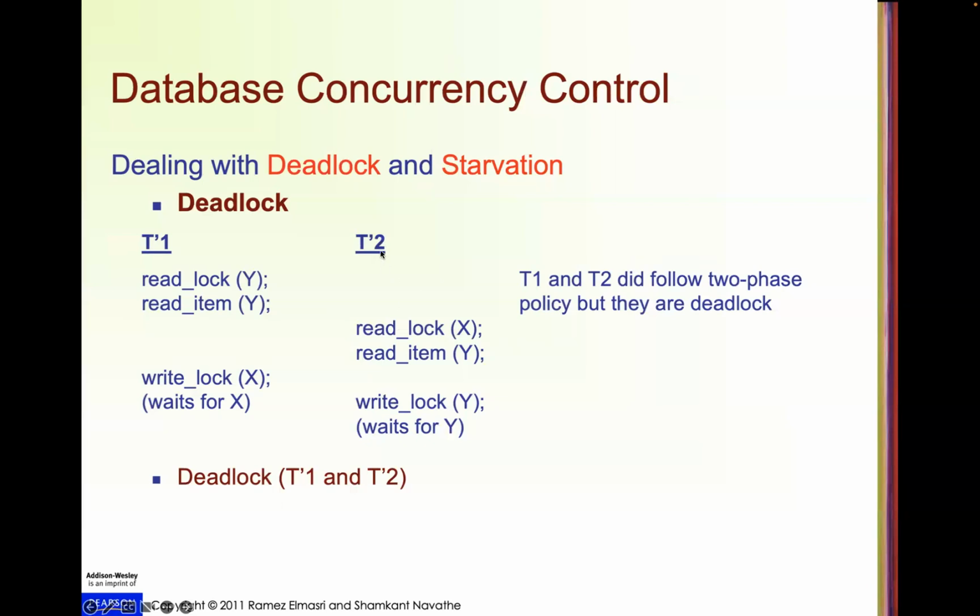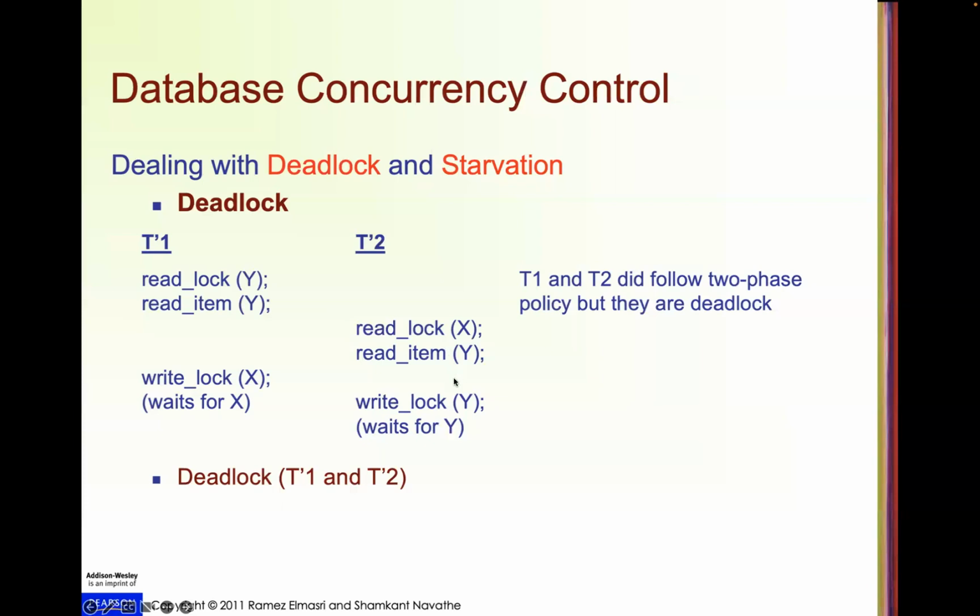So here T1 has locked X, and T1 is waiting for a write lock so that when T2 finishes, it can apply write on X. The other situation for Y is similar. T1 is holding the read lock for Y and T2 is trying to get the write lock on Y. So T1 is waiting for X to apply the write lock and T2 is holding it.